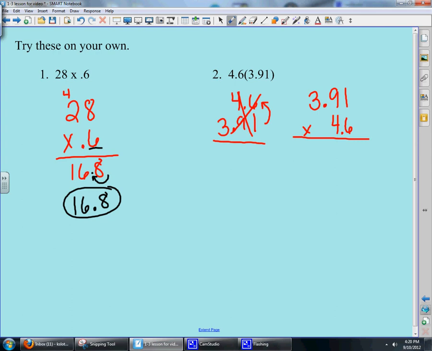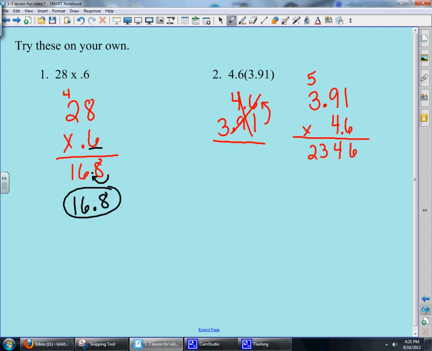Now we can multiply. Ignore the decimals. 6 times 1 is 6. 6 times 9 is 54, so we're going to write down the 4 and carry the 5. 6 times 3 is 18, plus 5 is 23.